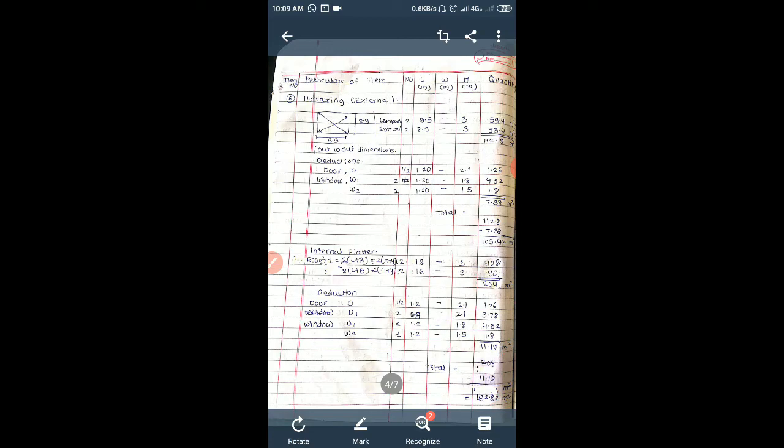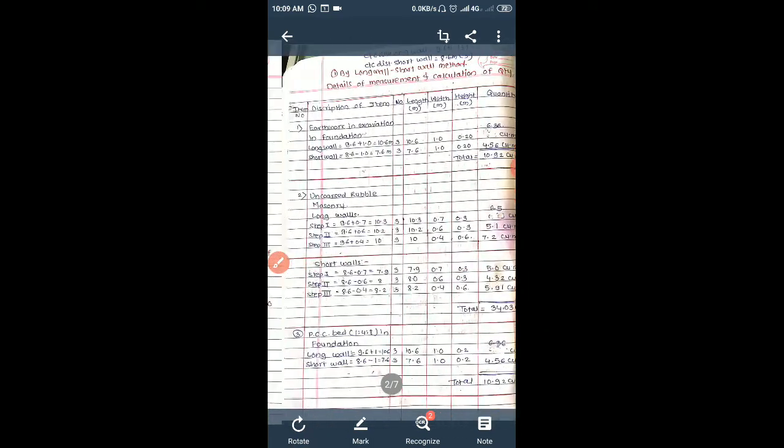Clear? Then for internal plastering, just see this section.